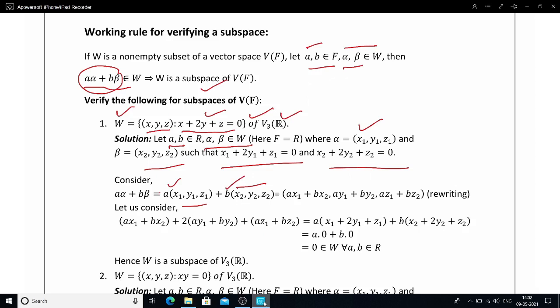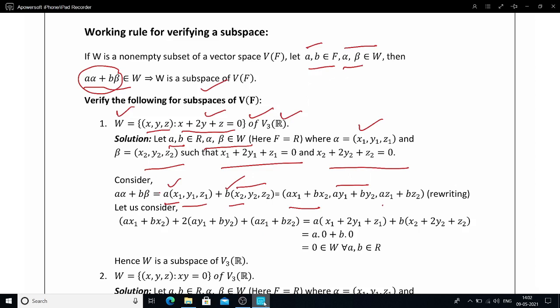You know that we have to add first with first, second with second, third element with third element. First element from the first bracket ax1, from the second bracket bx2: ax1 plus bx2, ay1 plus by2, az1 plus bz2.